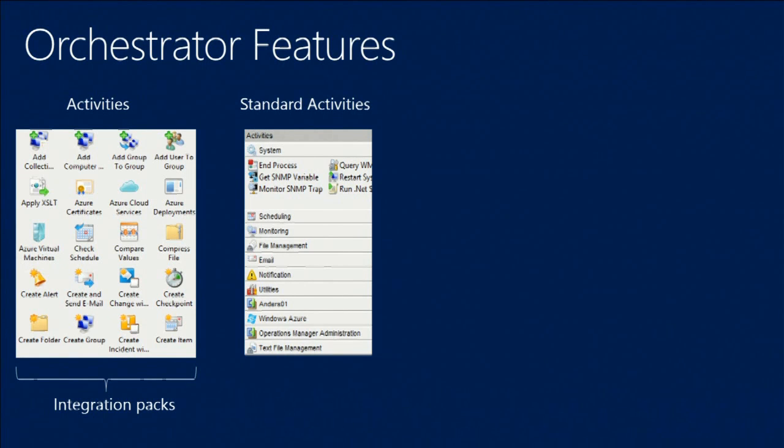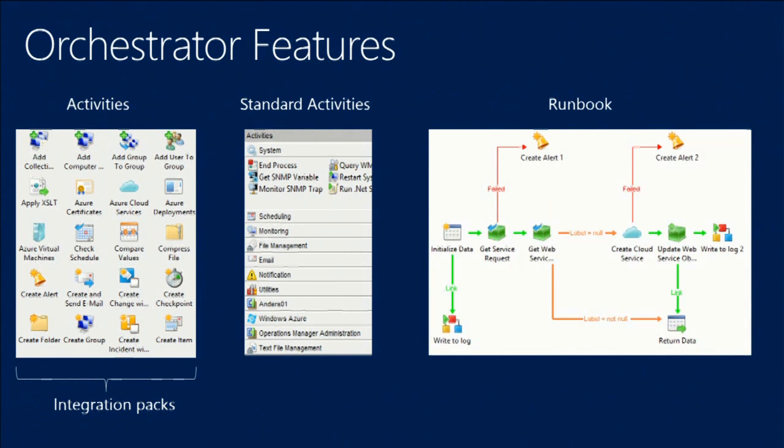And Microsoft offers integration packs for your System Center components like Operations Manager and Configuration Manager, and integration packs for your enterprise platforms like Active Directory and Exchange. And we can bring those activities together onto our palette. We can connect them in the order we would like them to run to create a runbook.